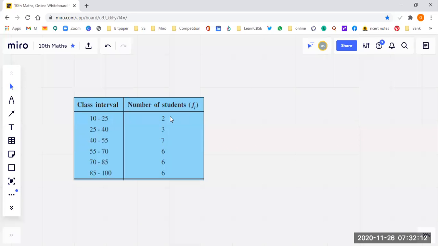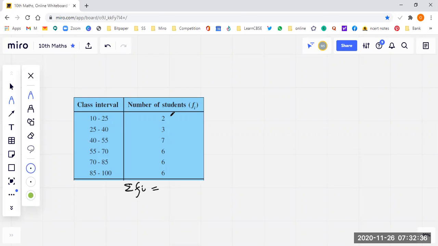So students, we have another example. Now you see, instead of class marks, class interval is given. This is again some class. In this class, total how many students are there? Let's find out. Total students will be summation fi, right?